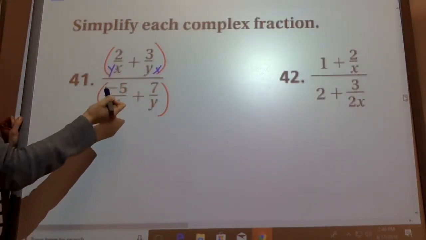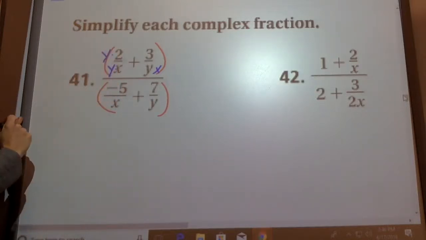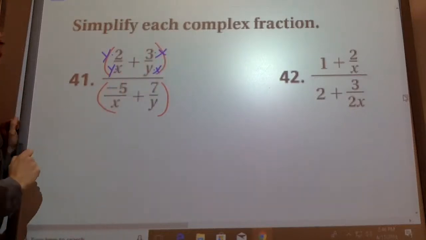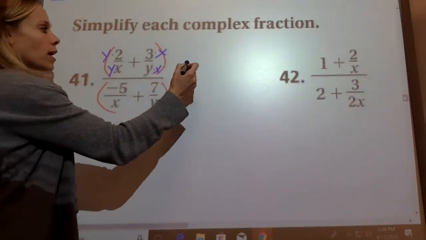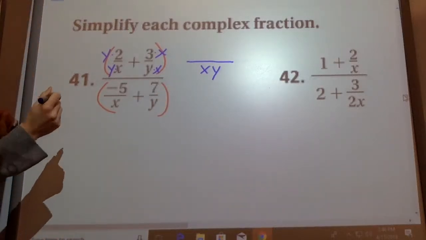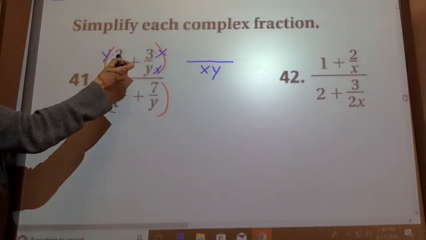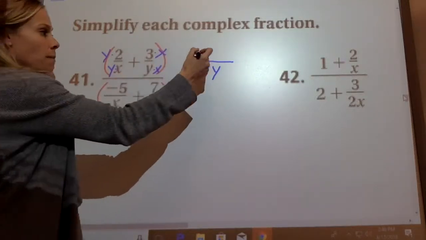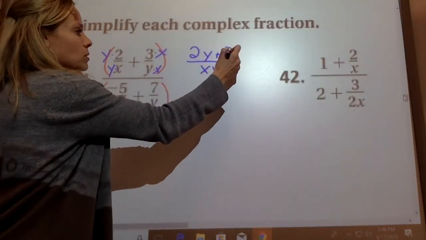But if I multiply the bottom times y, you have to multiply the top. If I multiply the bottom times x, you have to multiply the top. So I know right now my common denominator is xy, but now I need to add the numerator, 2y plus 3x. There's nothing to combine, so it just stays 2y plus 3x.